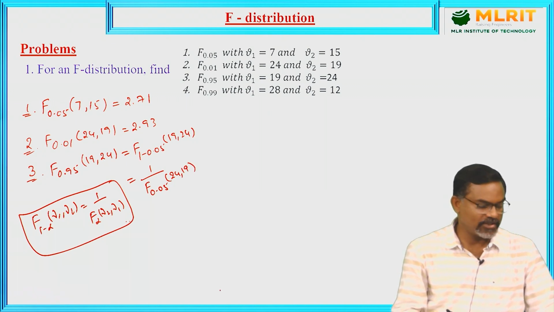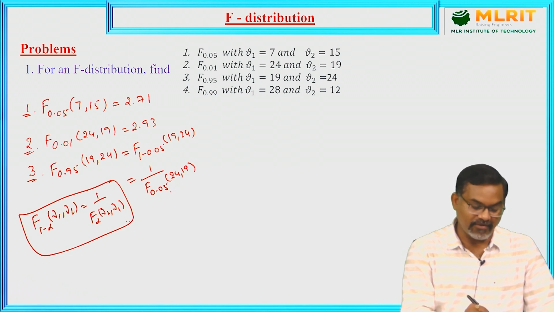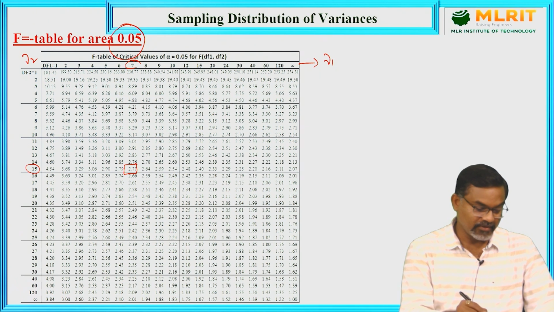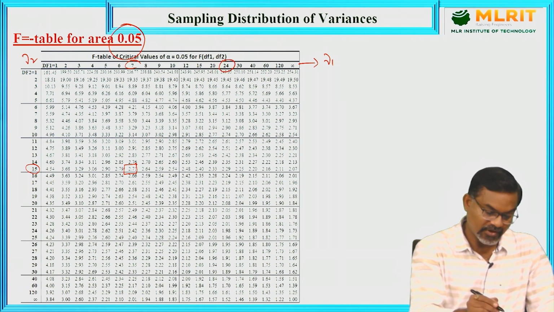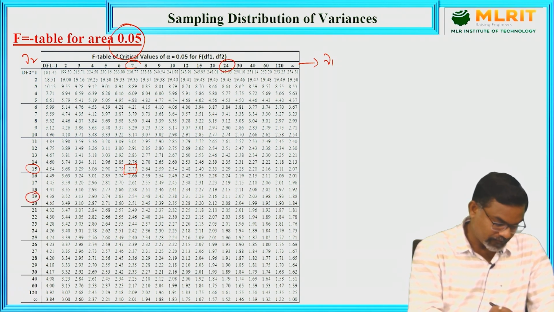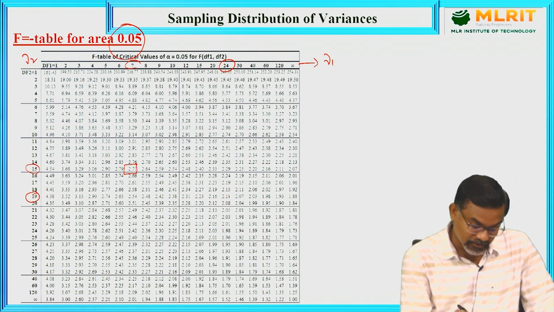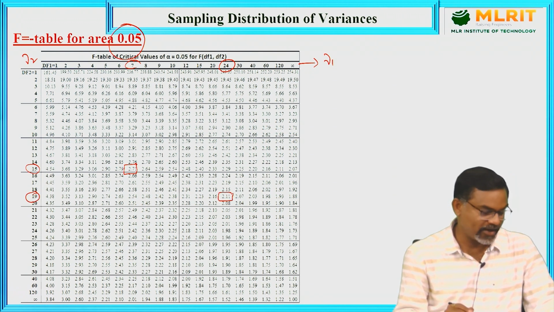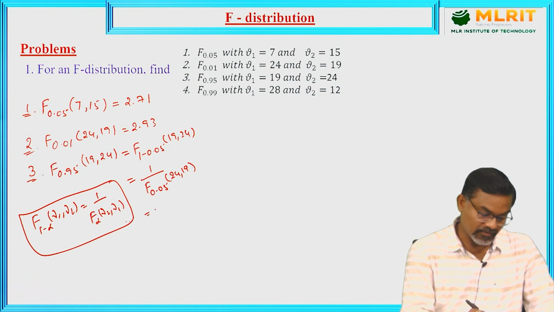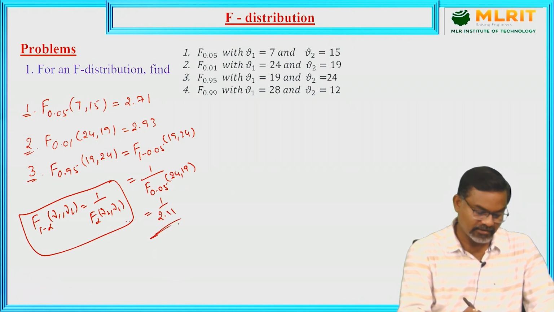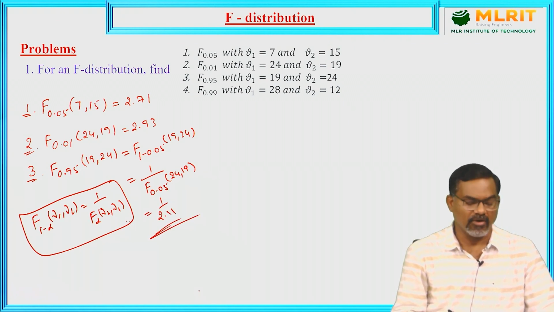In the 0.05 table, find the value of F for 24 comma 19 degrees of freedom. The corresponding value is 2.11. So 1 by 2.11 gives the required value of F.